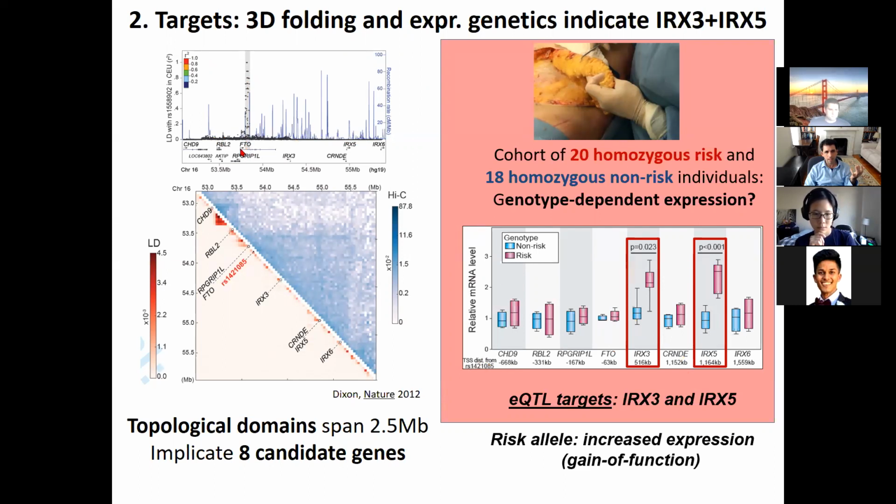But instead, FTO itself does not show a change in expression. The change in expression is observed only for IRX3 and IRX5 among all of these genes in this locus. IRX3, 6, no expression change. CRNDE, no expression change, and so on and so forth. Okay, so that basically tells us that the true target genes of this genetic locus are probably IRX3 and IRX5.